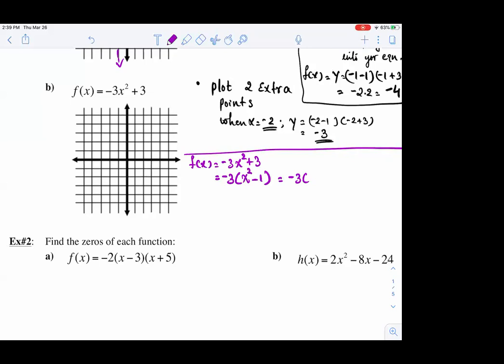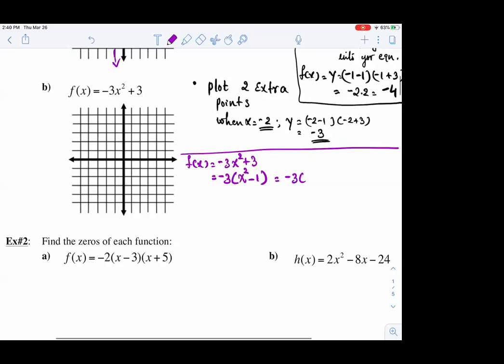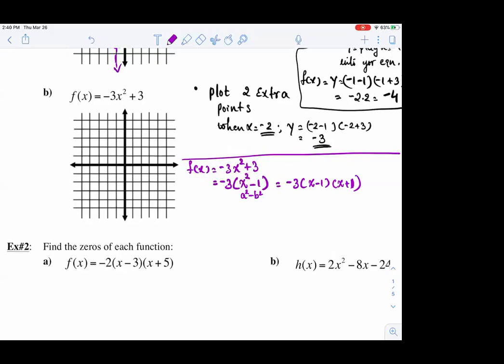Yeah. Okay, what are the factors of a squared minus b squared? A plus b times A minus b. You cannot forget this, okay? A squared minus b squared form. So it's going to be (x - 1)(x + 1), because this looks like a squared. Okay, now do we have it in the intercept form? Yes. This looks like the intercept form. Now tell me what is p and what is q?